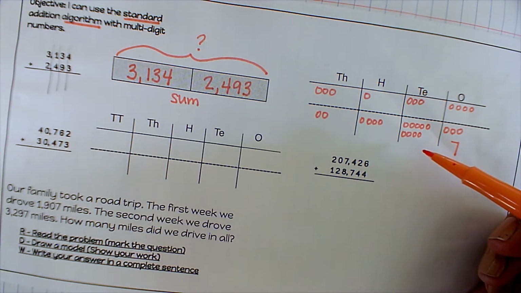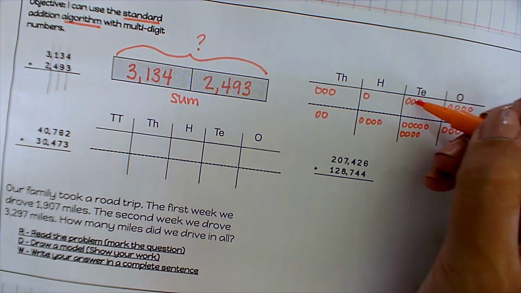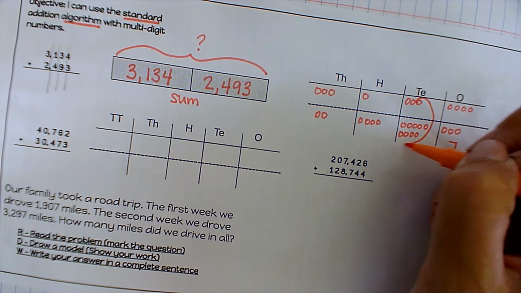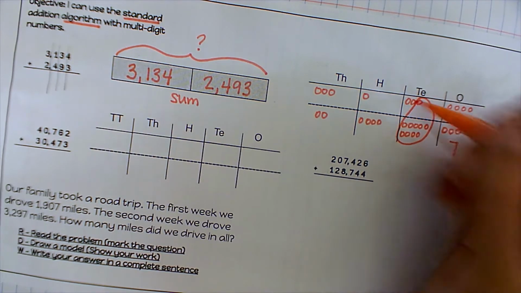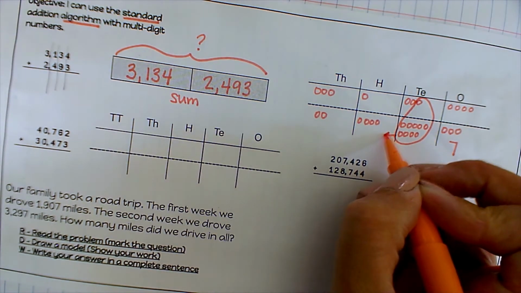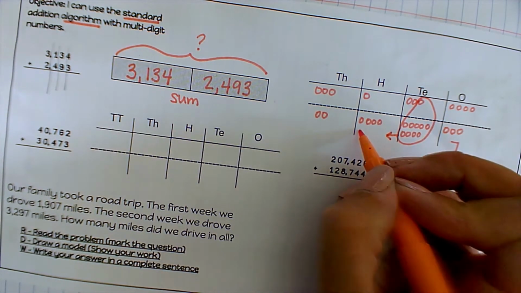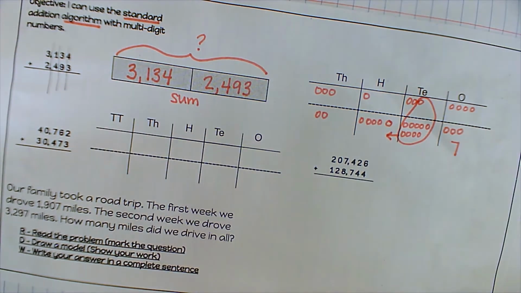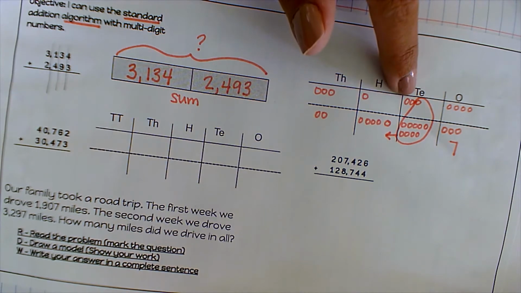So I remember back to those place value lessons when I can bundle the 10, and that creates a new unit. So I'm going to bundle 10 together. I had 9 down here, so I got 1 up here. And when I bundle, that creates 100. So I drew a new 100.